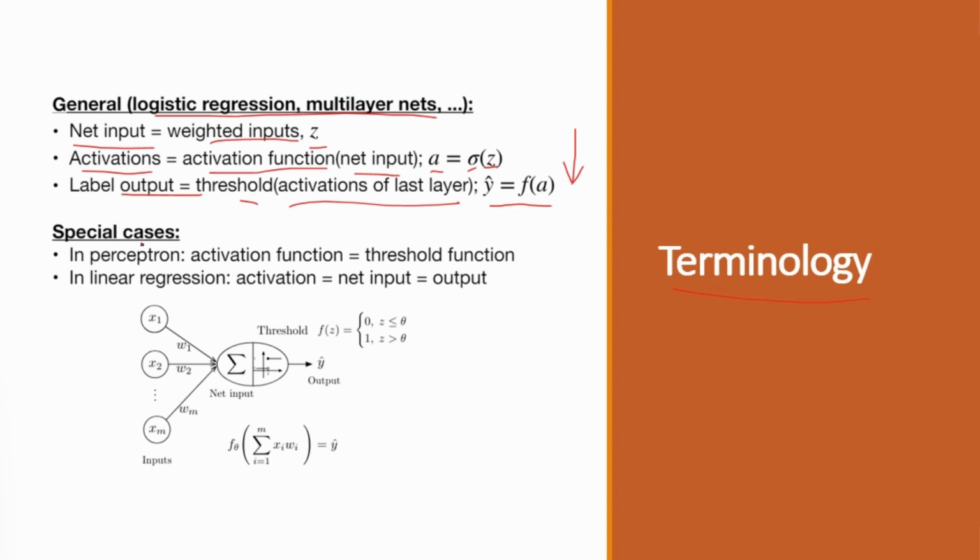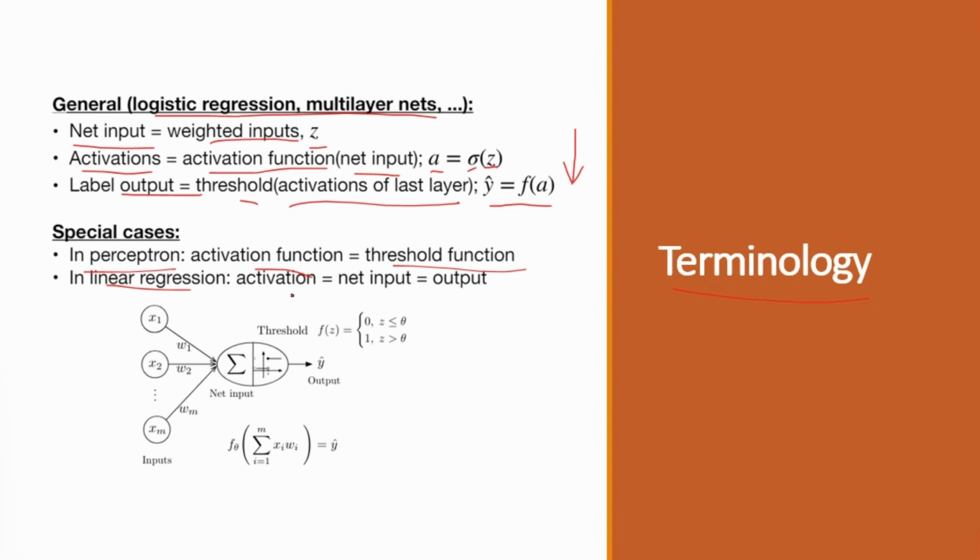This will become more clear later on, because right now we have a special case in the perceptron where our activation function is the same as this threshold function. So the perceptron doesn't really have a separate activation function; they are synonymous in that case. And in linear regression there is another special case. Some of you are probably already familiar with linear regression.